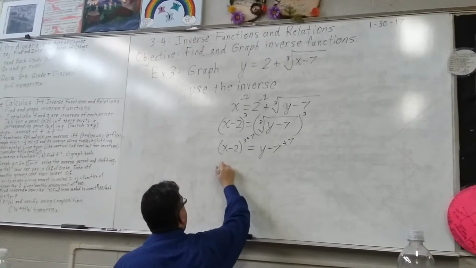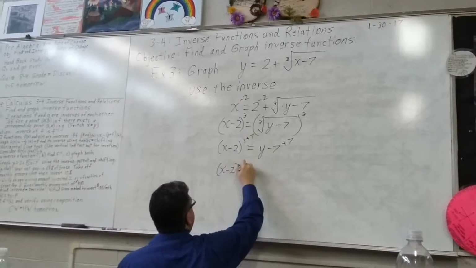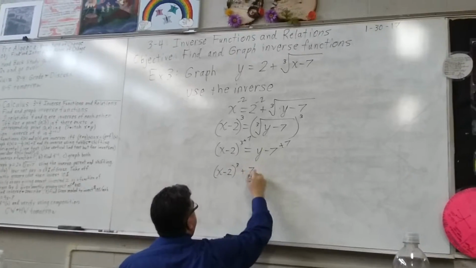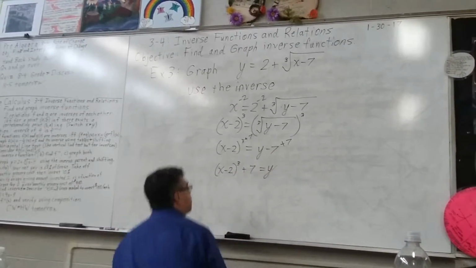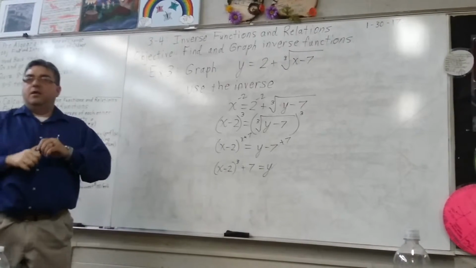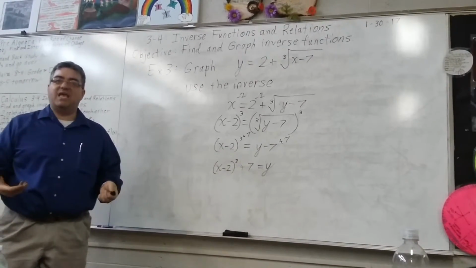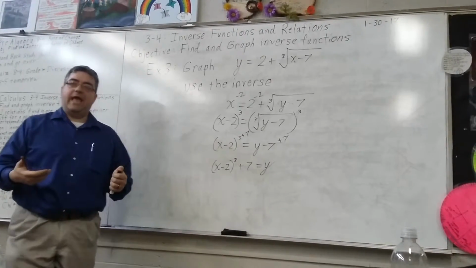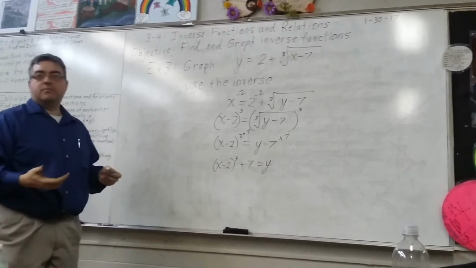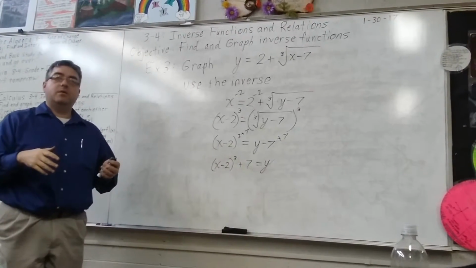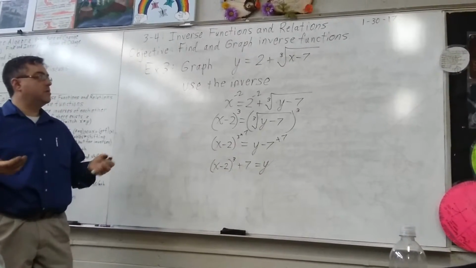So then I have x minus 2 cubed plus 7 equals y. Now that looks a lot easier to build a table for and get a look at, right? And then we can just invert that table and we should have a look at the graph.